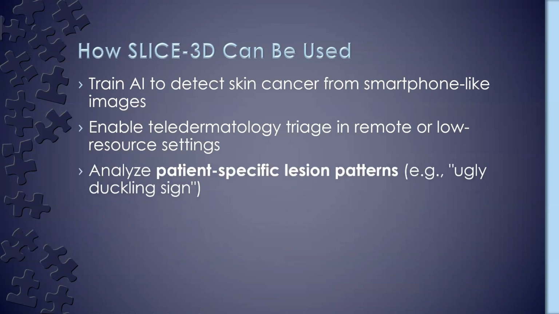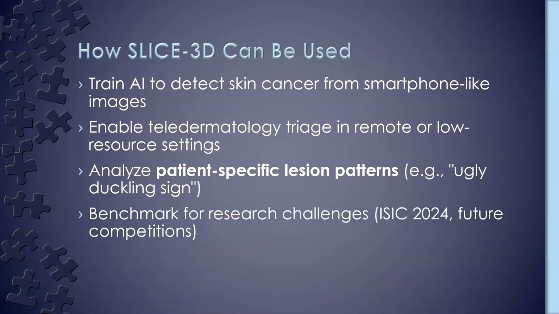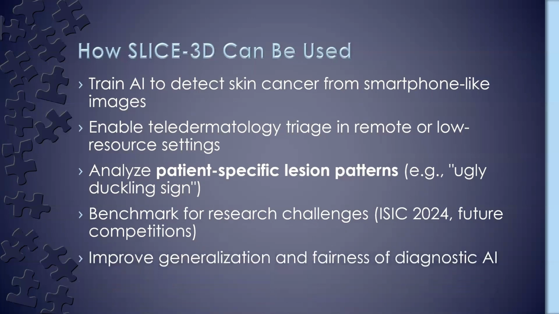Since it includes multiple lesions per patient, SLICE-3D supports algorithms that look for relative differences, like the ugly duckling sign, where one mole looks different from the rest. The dataset is also being used for the ISIC challenge, helping researchers benchmark and improve AI systems. Overall, the SLICE-3D dataset brings us closer to building real-world dermatology tools that are more fair, robust, and accessible.